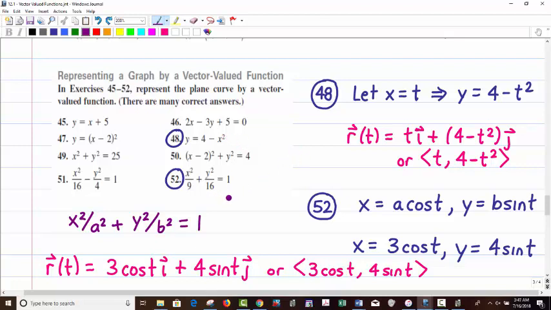Now it's number 52. Anytime you've got something that's circular or an ellipse, you have to use these substitutions. So you see I have x squared over a squared plus y squared over b squared. So you let x equal a cos t and y equal b sine t.